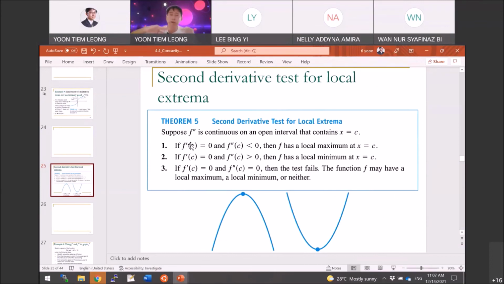So you have a situation where the graph has a horizontal slope, and then if f prime prime at that point is negative, it means it's a negative concavity. That allows you to decide whether that point is a maximum or minimum. Now let me look at number one.